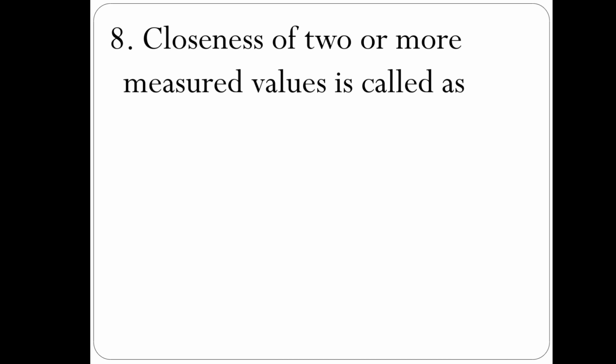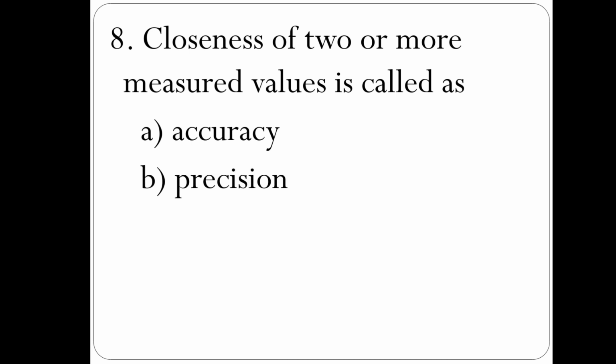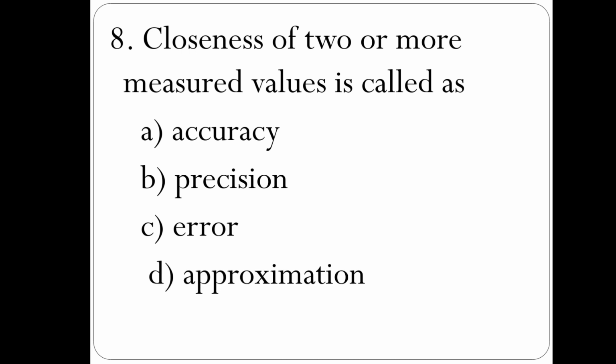Closeness of two or more measured values is called as. So which value we will say it is two or more measured values? It is option A accuracy, option B precision, option C error, option D approximation. Answer is option B precision.